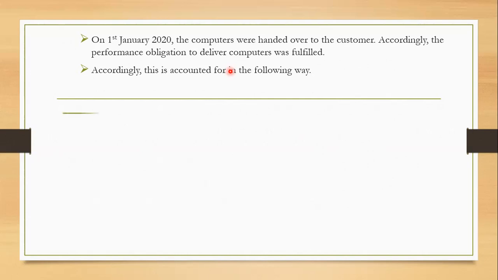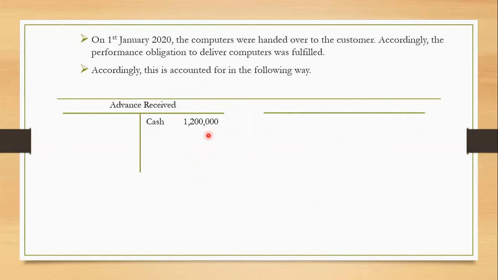How can we recognize it? Now, as per our previous accounting records, there is a 1.2 million advance received in our advance received account. This is a liability until we are satisfying each of the performance obligations. Now, on 1st January 2022, we have supplied 100 computers to our customer.